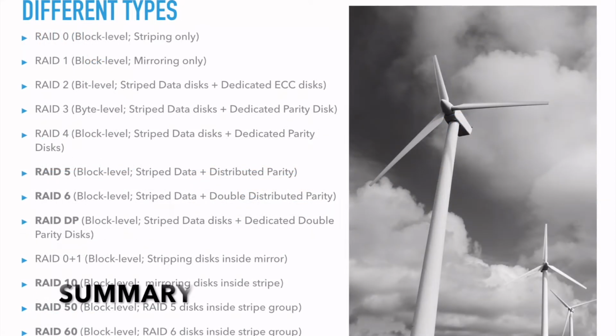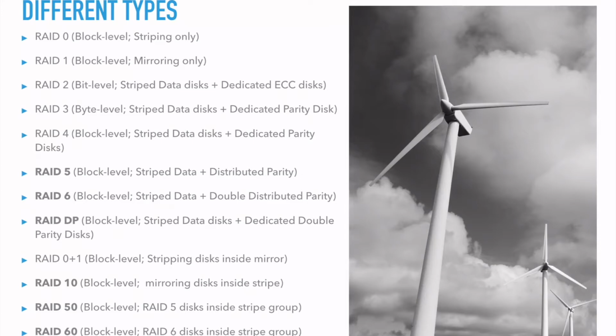So that completes the fundamentals of different types of RAID. I have again highlighted what we covered, right from RAID 0 to RAID 60. The ones marked in bold are the ones which are very popular, which are widely in use today as of this time.